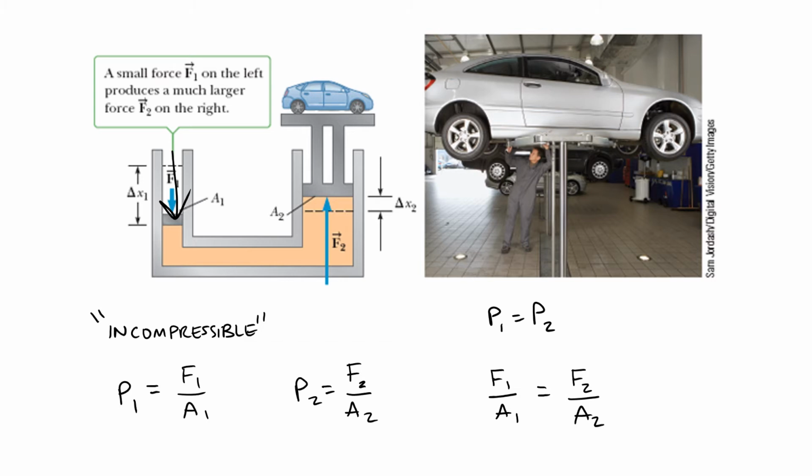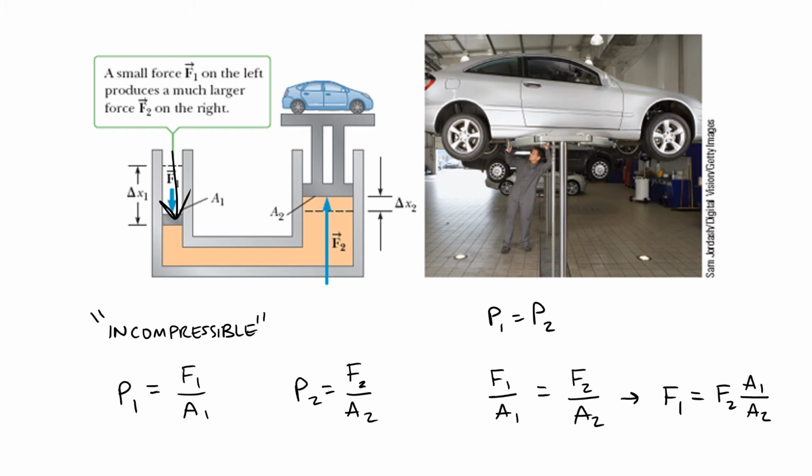And let's just finish this out. Let's say F1 equals A2. There we go. Now, as soon as I see this problem with values, it might become more clear that there's going to be a smaller force applied on the left side over here.